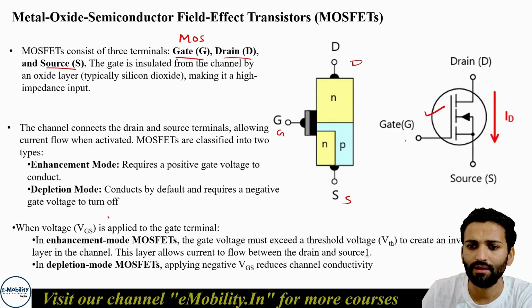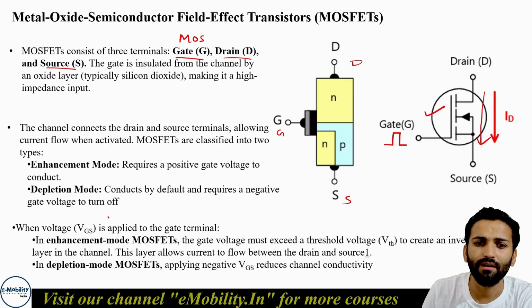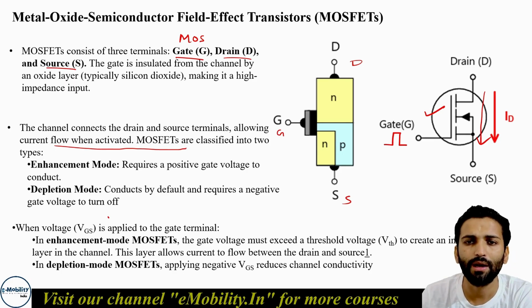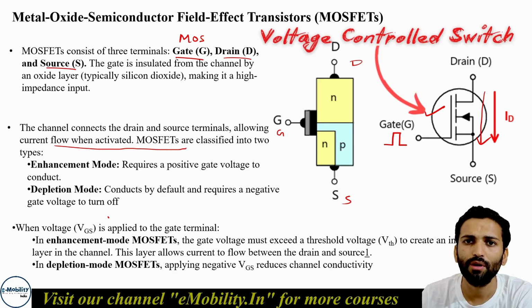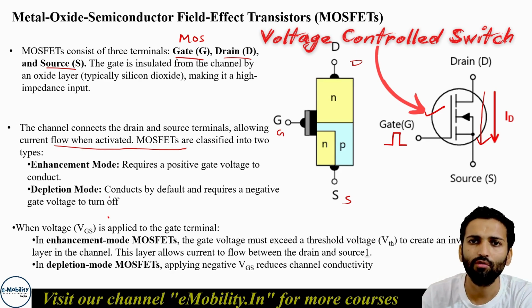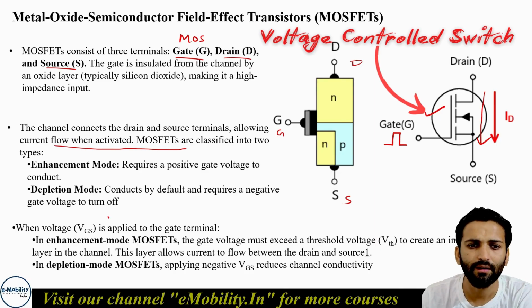Here you can see the gate where the positive and negative pulses are given, and as soon as the positive pulse comes to the gate circuit, this becomes conductive. The channel connects the drain and source terminals, allowing current to flow when activated. That means the MOSFET is activated by the gate voltage. That's why the MOSFET or the FET family is known as a voltage controlled switch, because as soon as you give voltage to the gate, it starts to conduct.